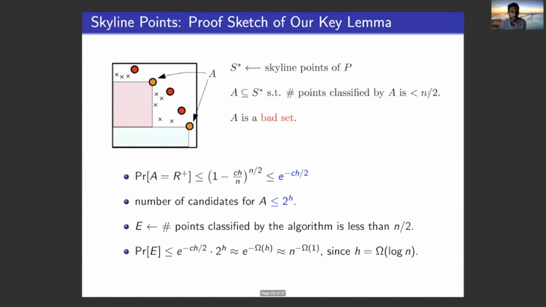Computing that is actually a simple union bound over all possible bad sets A. So if you just do the math and use the fact that h is at least log n. This is the reason why we had these two cases of handling small values of h and large values of h, because our analysis only goes through if you use this fact that h is at least log n, then you can show that this bad event can occur with very small probability. So it can just basically be summarized in one slide.